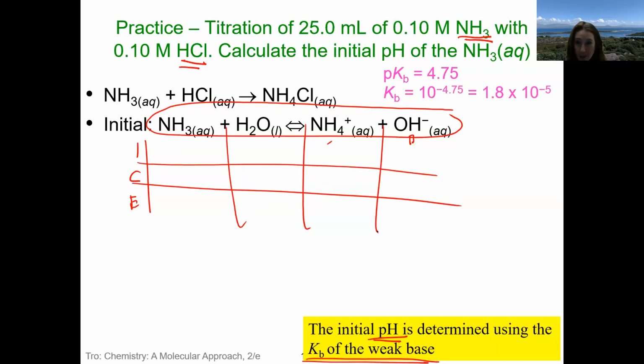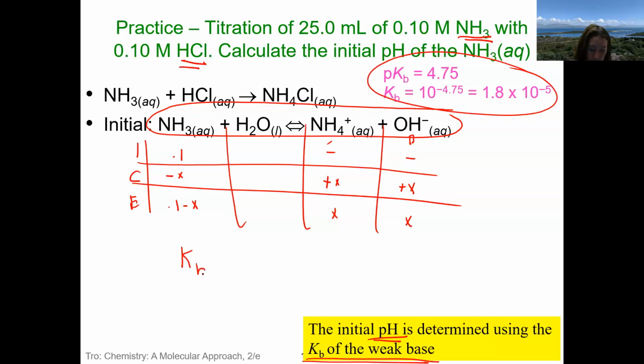On our ICE table, we have 0.1 of this, none, none. This is going to go down by X. This will go up by X. This is going to go up by X. And so this is 0.1 minus X, X, X. Here's your Kb and your pKb.